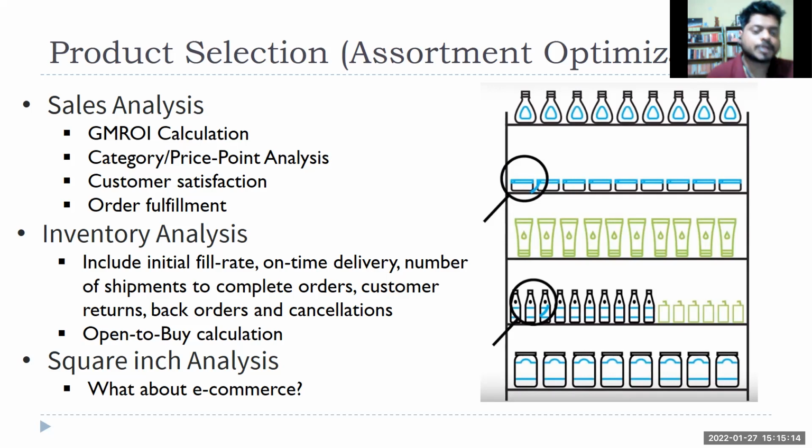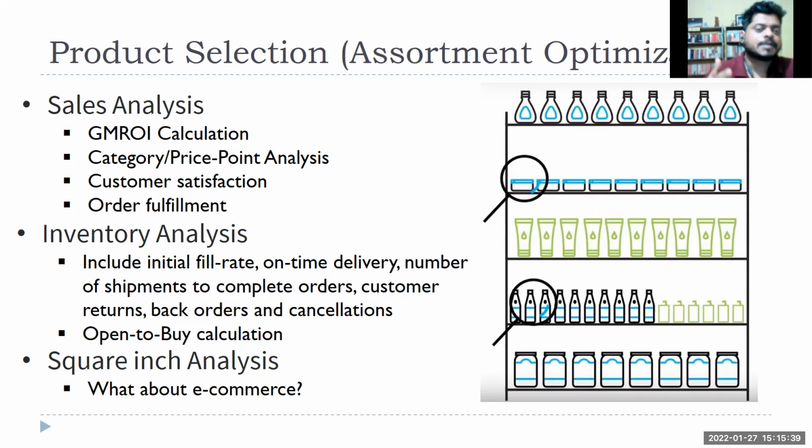Inventory side, I have to look into the initial fill rate, right? Anytime I put in an order, most of the time the supplier does not give a complete 100% delivery, right? Let's say I ordered 100 different jeans from Lee at Pantaloons, but orders are coming from different stores across India to that company.